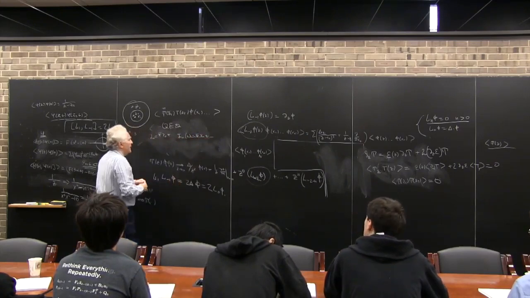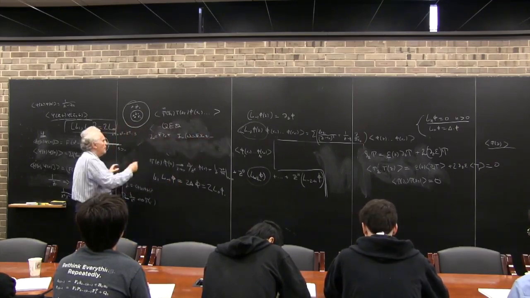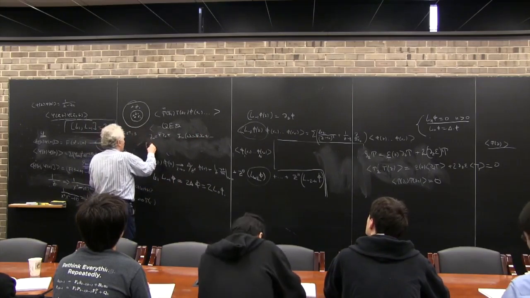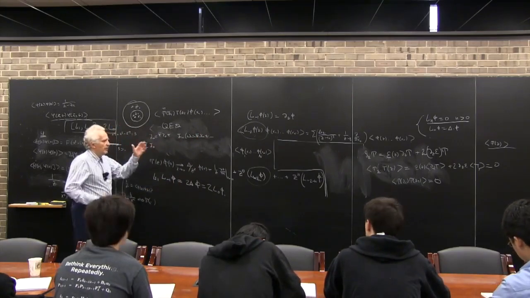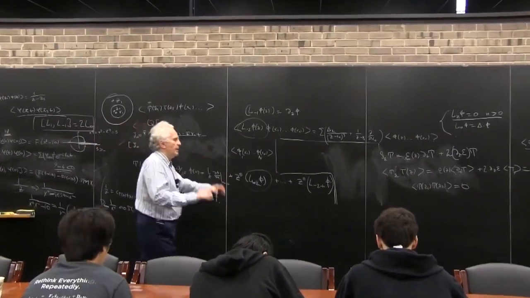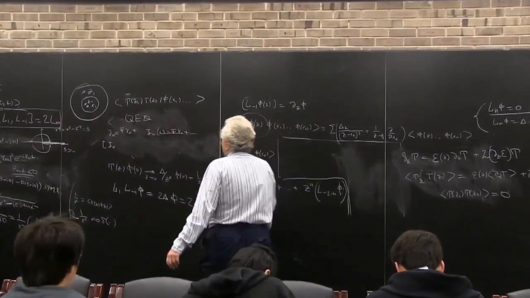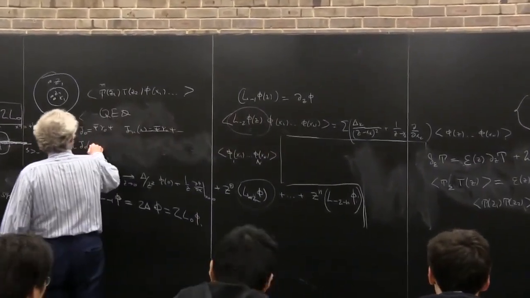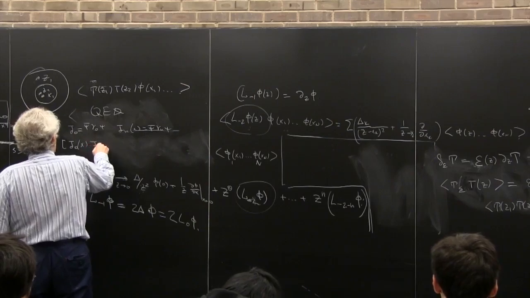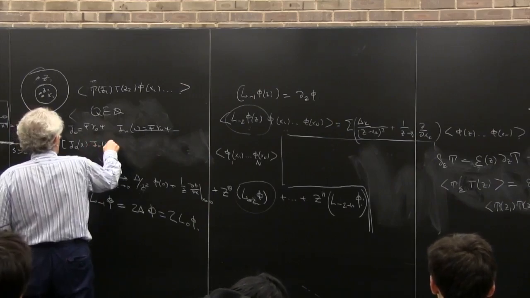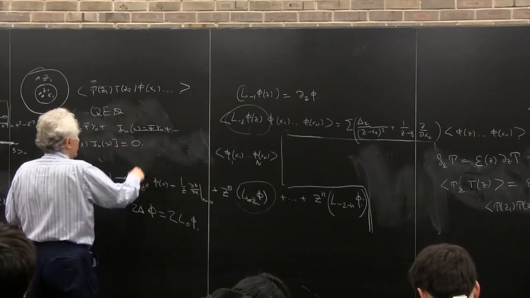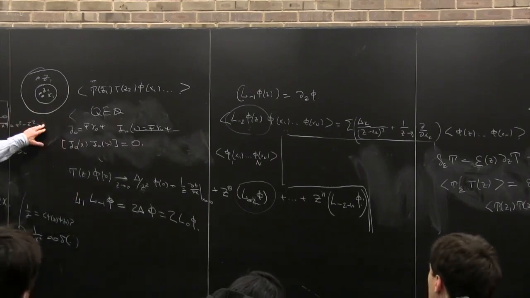And if you calculate the naive commutators without using operator product expansion, you just calculate the commutators, then you will get the result that it is simply 0. They commute with each other.